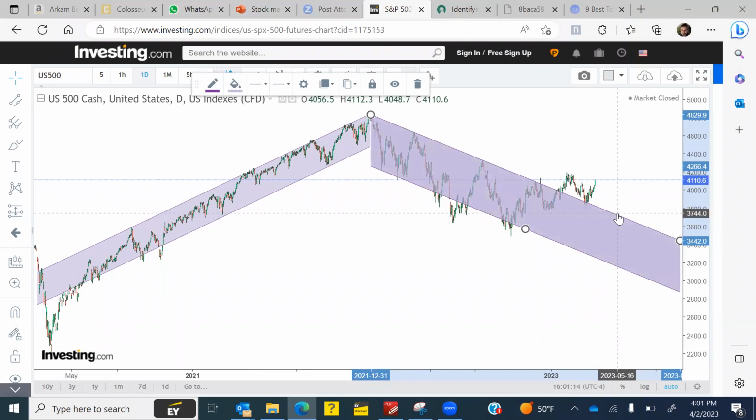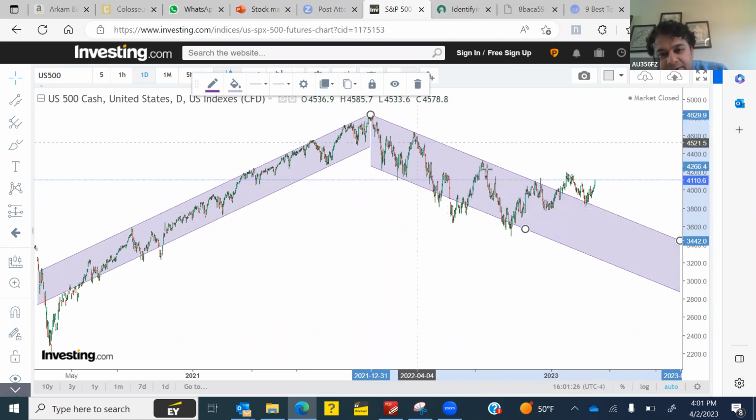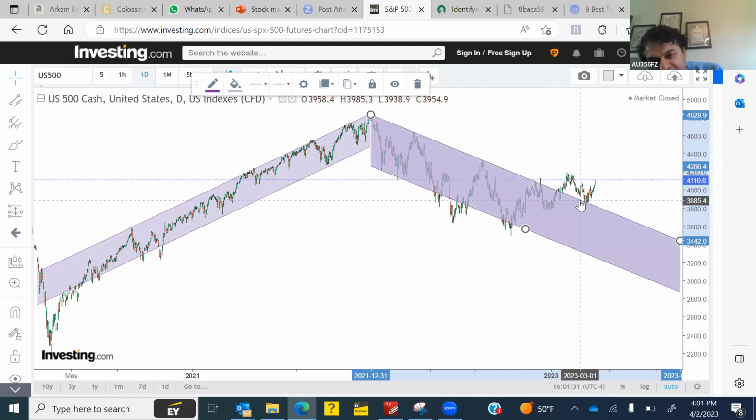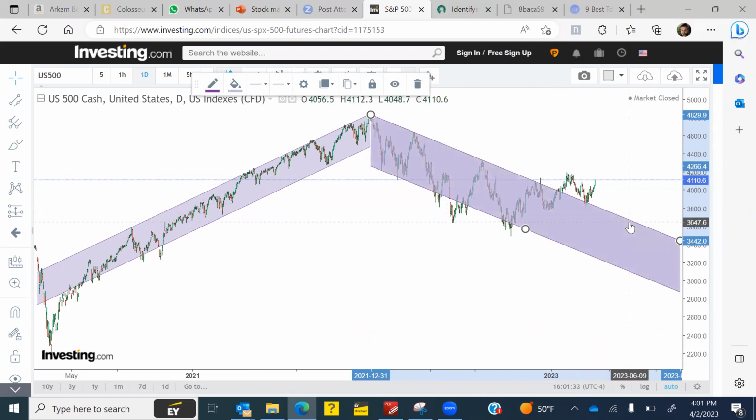So I have a quick question. After how many levels should we be sure that this will act as a resistance? No, it is already a resistance. Sorry, it will act as a support, I meant. No, it is now a support because the market is already above this particular level. So like, okay, it happened once, right?